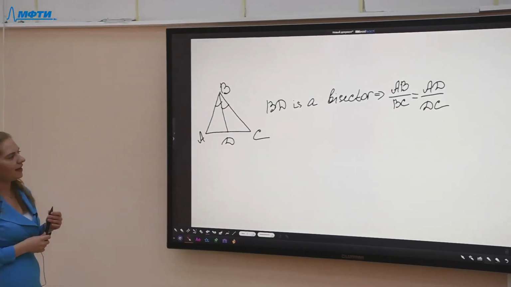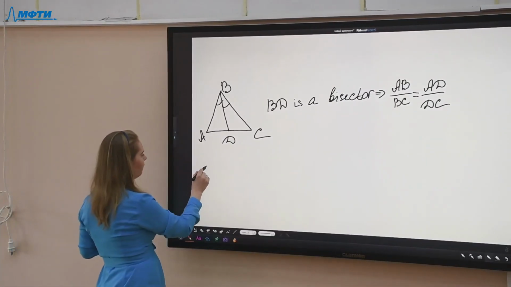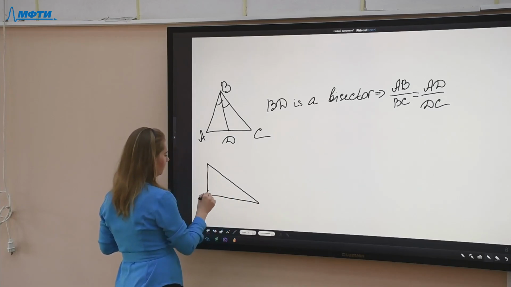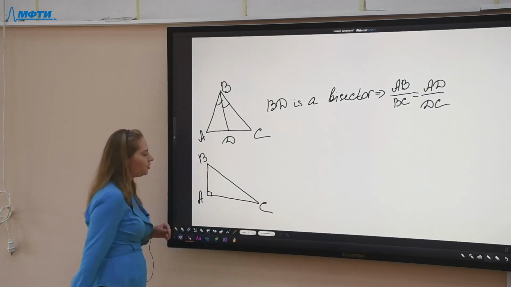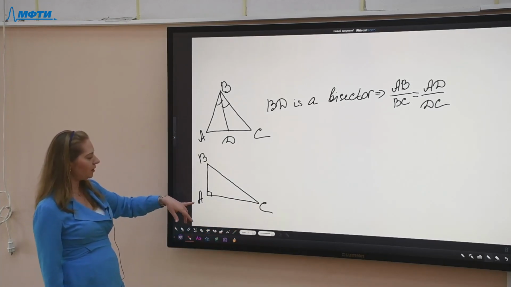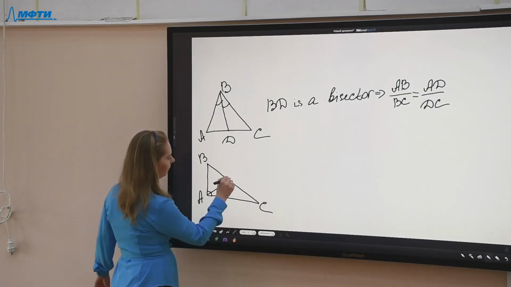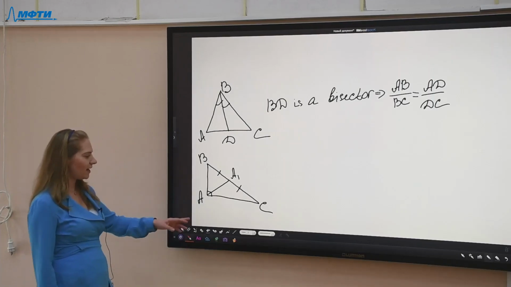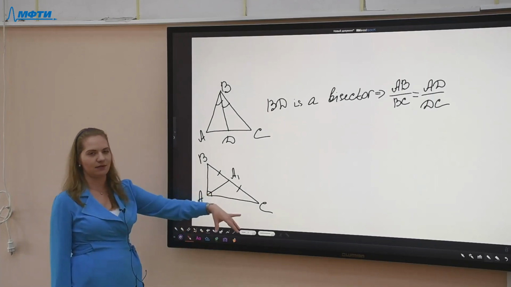What else? If we consider a right triangle, so if one of the angles of a triangle is right, so ABC, and we draw a median from this right angle, AA1. It occurs that this median is equal to half of the hypotenuse, BC.